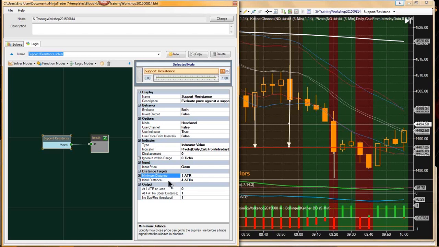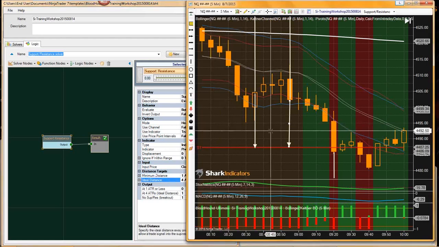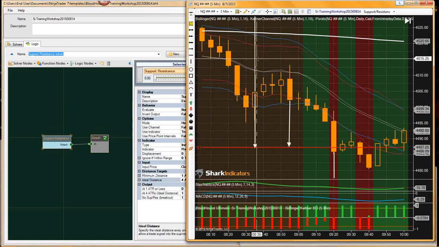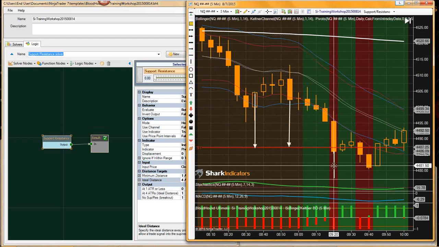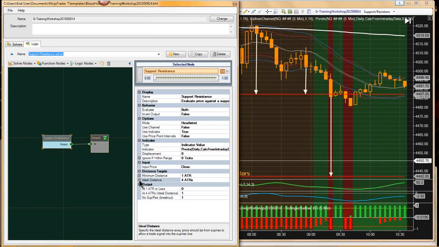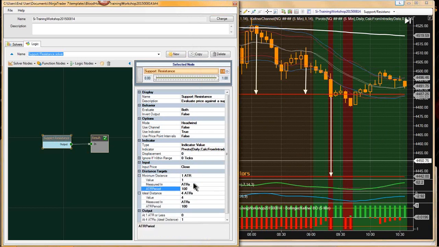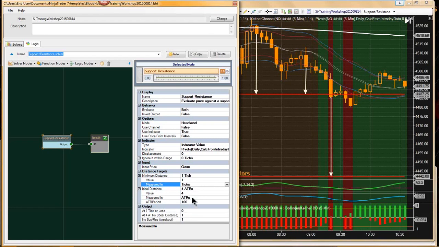You can set those distances in here. Let me get my chart cleaned up again. To demonstrate how the distances work, I'm going to change it from ATRs to ticks.